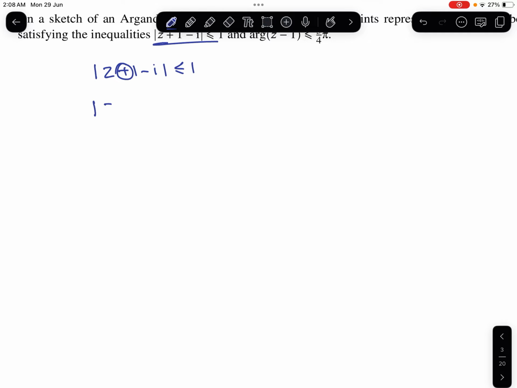So that would be modulus of z minus (-1 plus i), less than or equal to 1. Now by doing this, we know that we have to draw a circle and its center is the point (-1, i), and the radius is equal to 1.